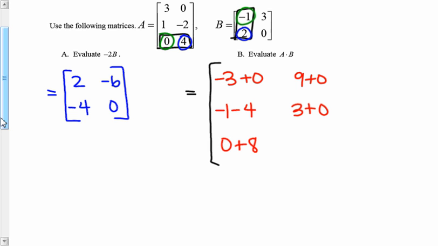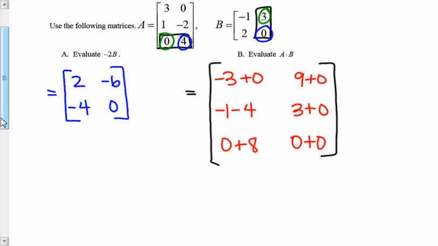So 0 plus 8. My final operation here, taking the last row and my last column and multiplying them together. So 0 times 3, and I'm adding that to 4 times 0. Well, 0 times 3 is just 0, and then 4 times 0 is just 0, so I literally just have 0 plus 0 here.